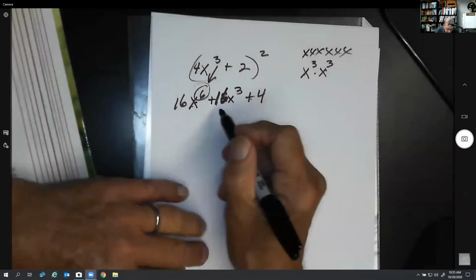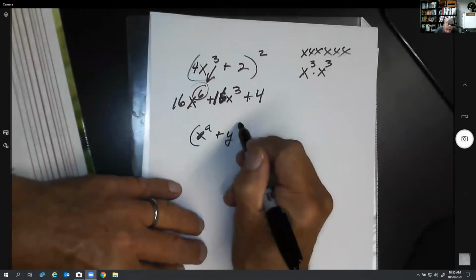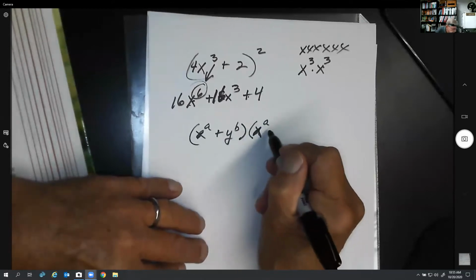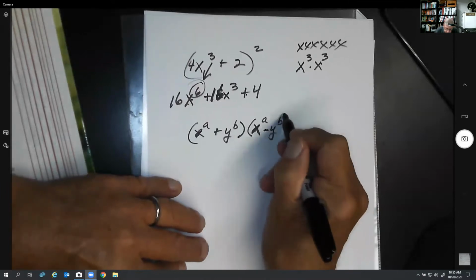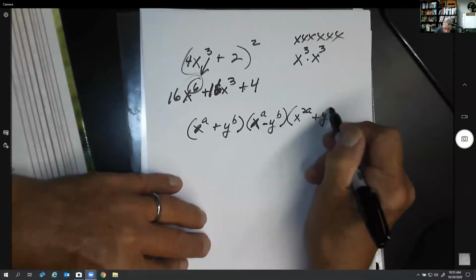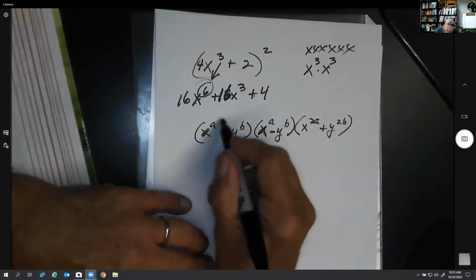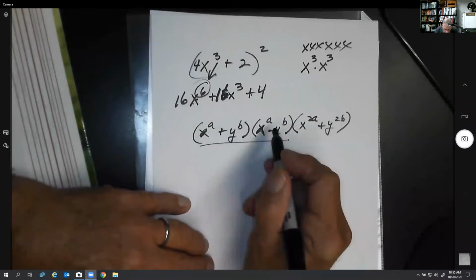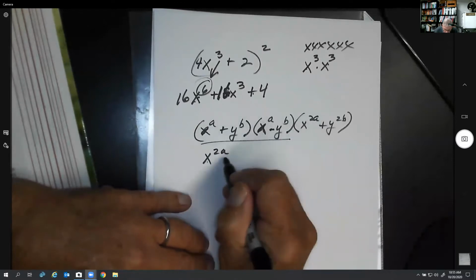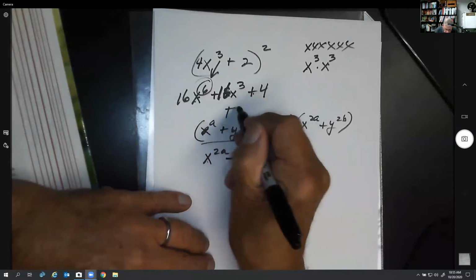On one of the extensions, they have this problem. And this is kind of the problems we deal with in higher math. Here we have weird exponents, but we see this is difference of squares right here, and we add exponents, so that's x to the 2a, and then here this would be minus y to the 2b, short FOIL.